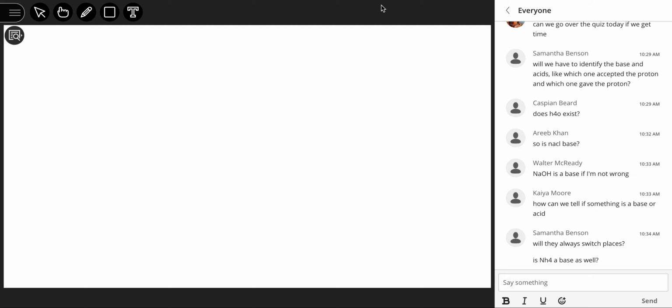Hang on one second. Let's see. NH4 actually would be an acid. But I don't think we're going to get too much into NH4 being an acid. That goes more into kinetics, which is something they talk about in 1212. But technically it would be considered an acid.